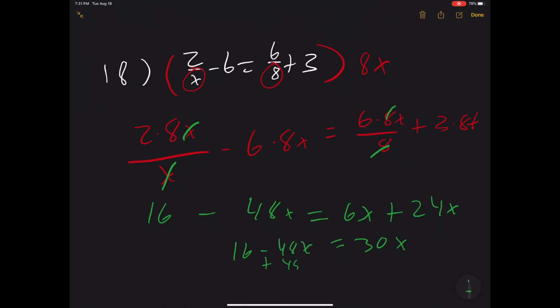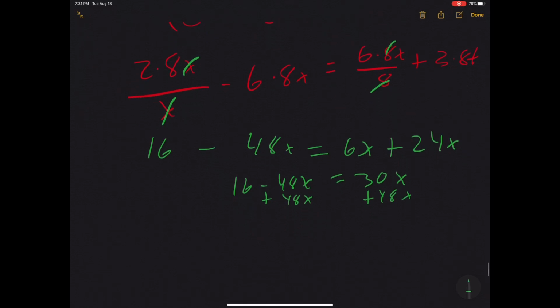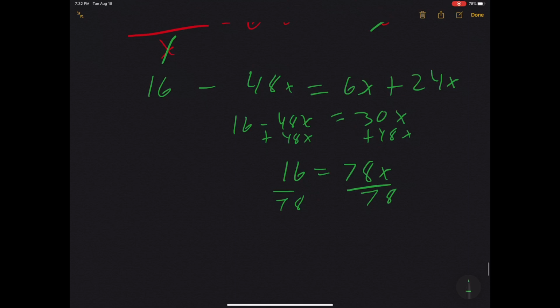I'll add 48x to both sides, which gives me 16 equals 78x. Divide by 78, and I get 16 over 78 equals x. Now I see that I can simplify this, so I can divide them both by 2, and say that this is equal to 8 over 39.